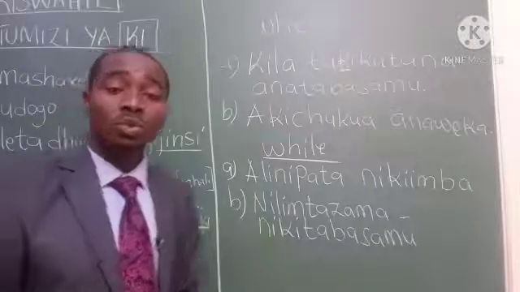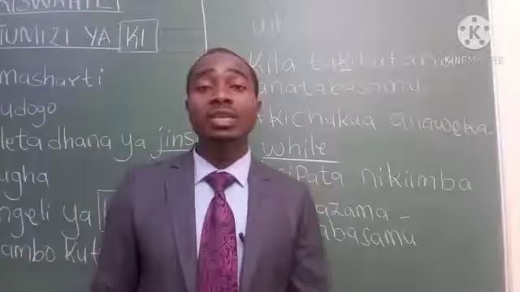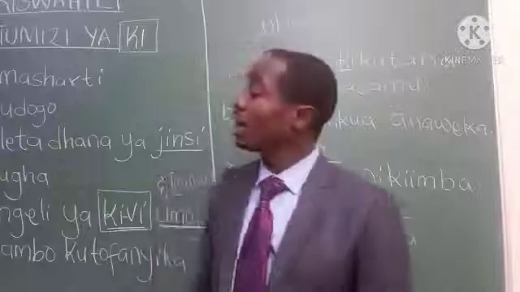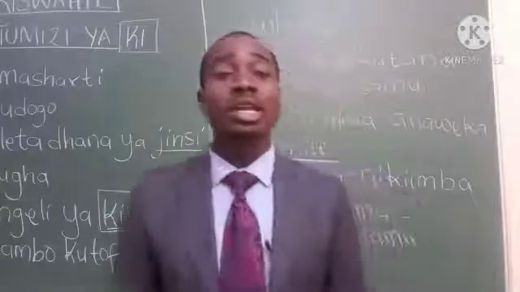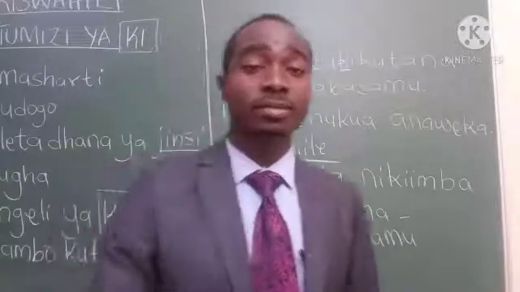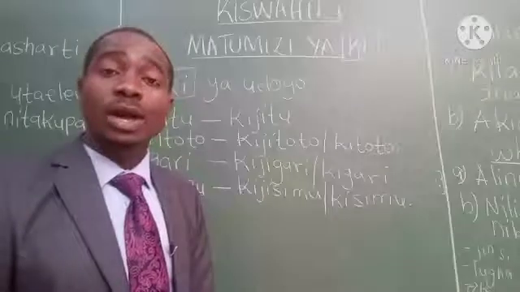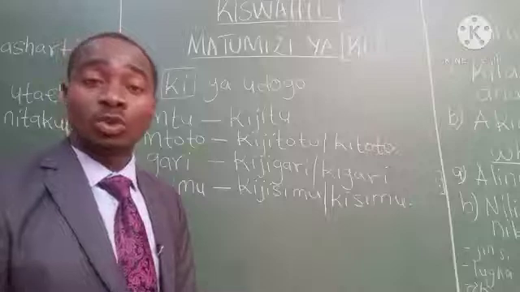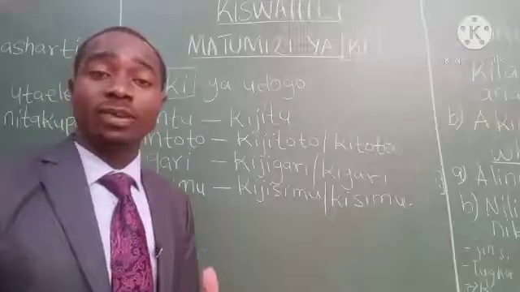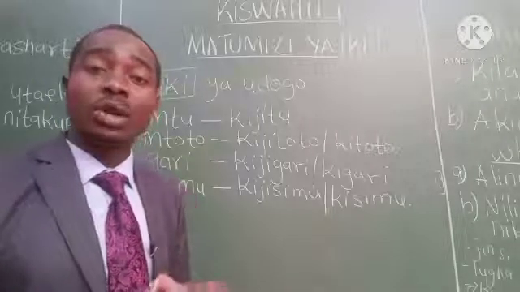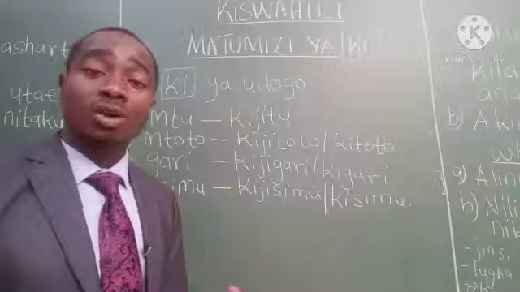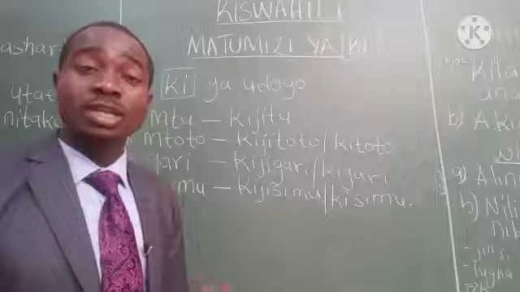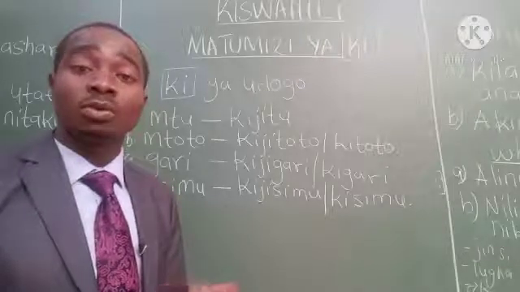Now we are going to learn the second use of ki, and on our list it was ki ya udogo. Sawa. Now we are going to talk about the use of this ki ya udogo. In Swahili, as I said earlier, you can criticize something, a noun, or praise it using diminutive forms of those nouns.